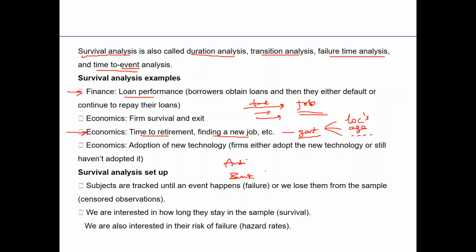Let's say we take components of these vehicles and we see the survival rate of these components, after how many years or days or months, whatever the time granularity is, after how much time these components are failing. Or if I have to put it in a different way, what is the health of these components?